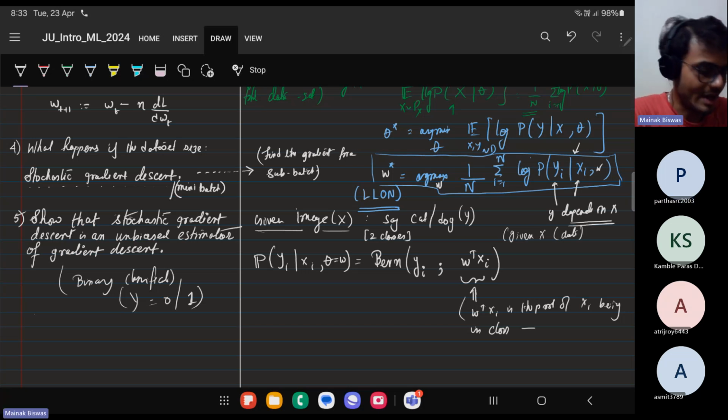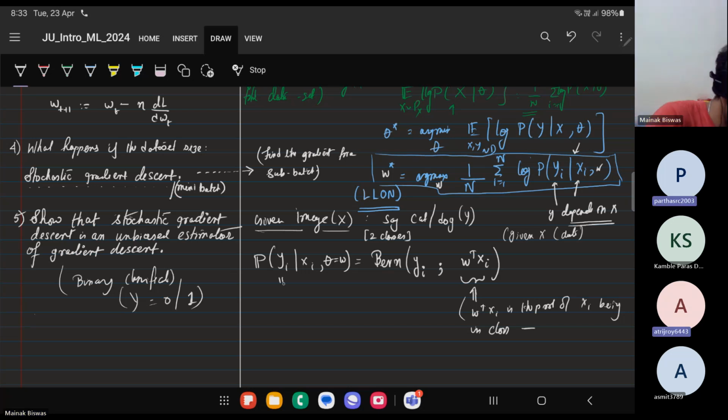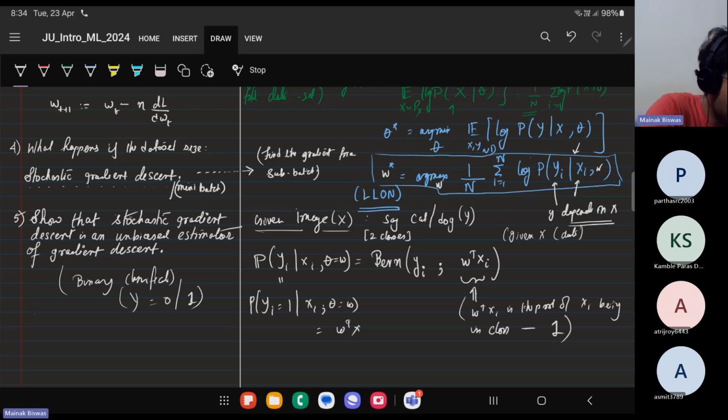What values can yi take? It's class 1. Good, it's a Bernoulli distribution: the probability of yi equal to 1 given xi. See how nicely we are using this probability. That is equal to W transpose x, we want, right? Yes or no?